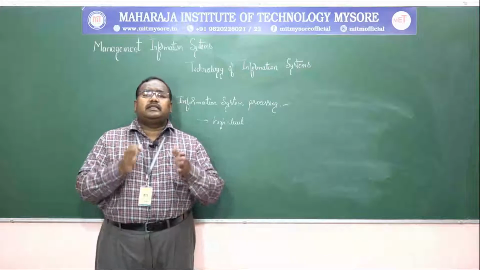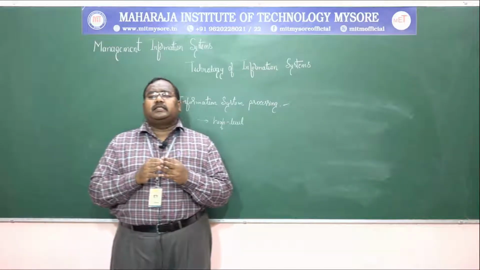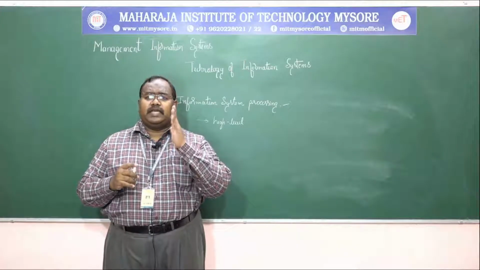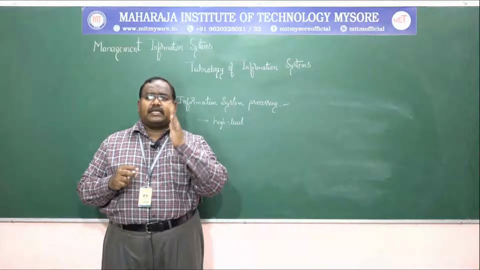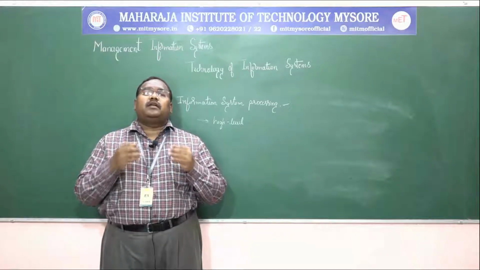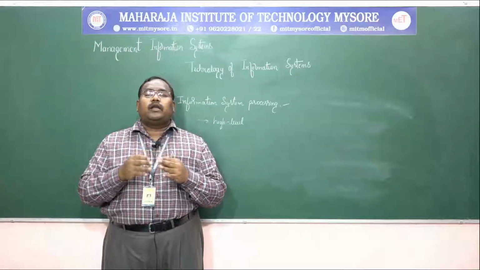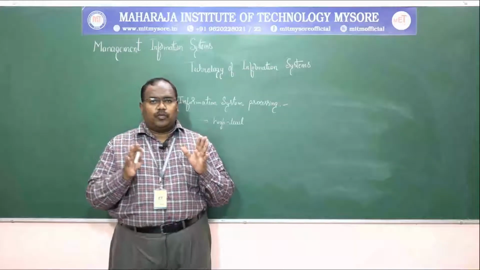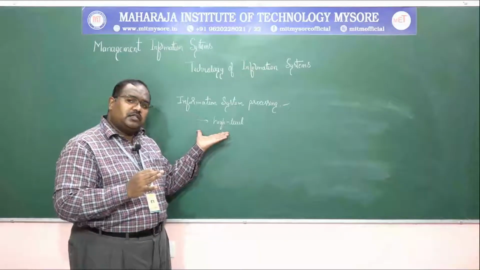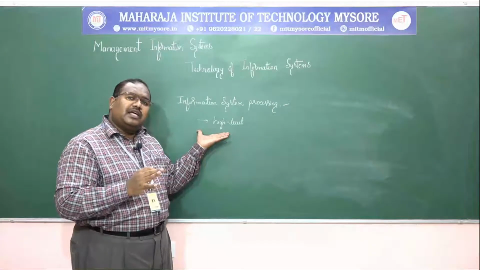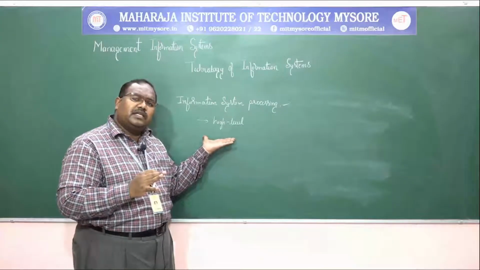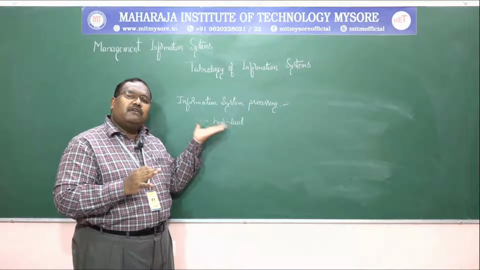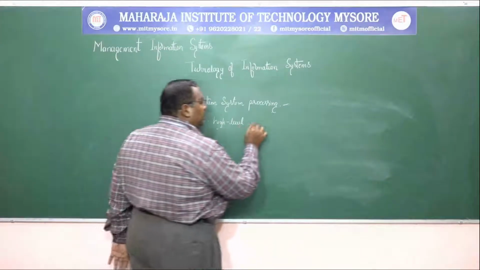Here the system is defined as a product made up of several applications, set in order to produce a high level information output. It consists of n number of applications, and it is designed to provide high level information output.